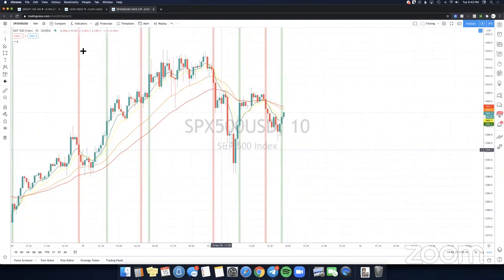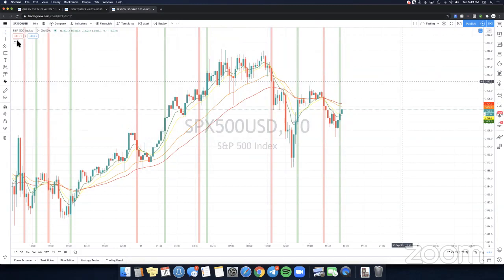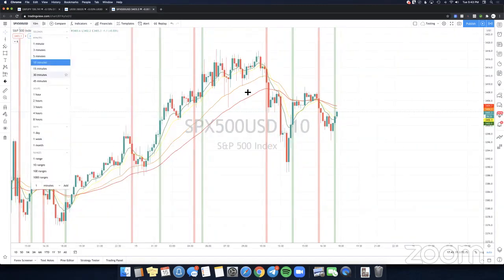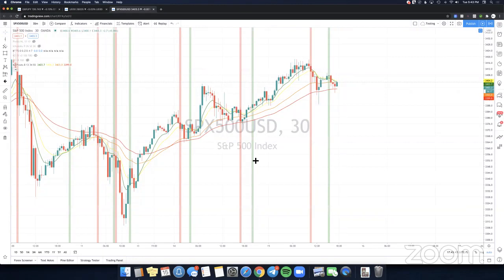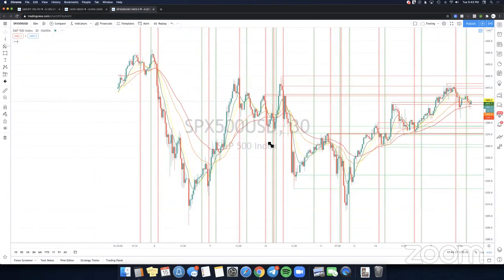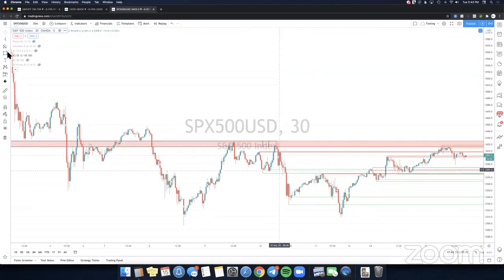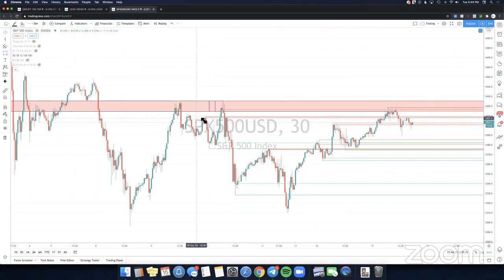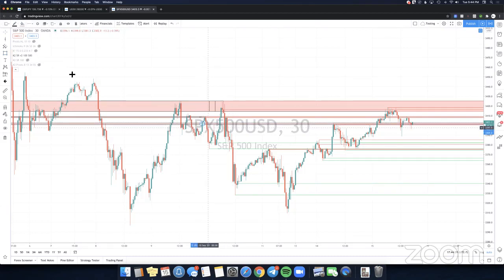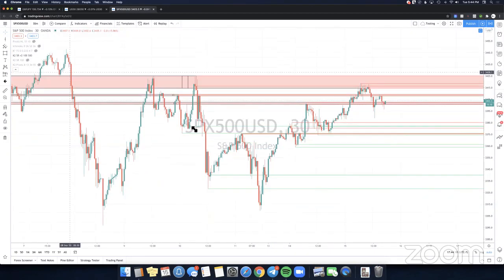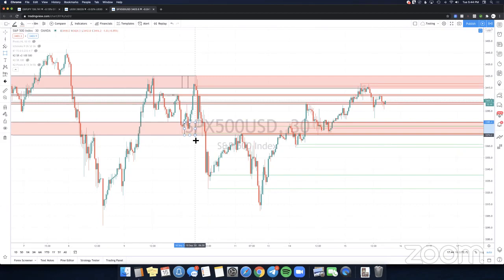Let's see. I'm going to see if there's any zones that are nearby, just so that you can see where points of rejection are. Let's hide all this stuff on here.